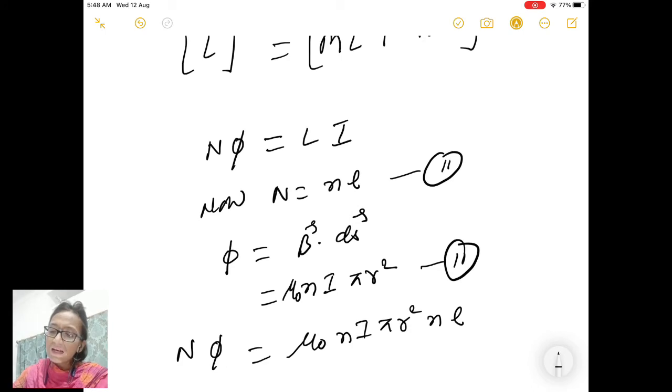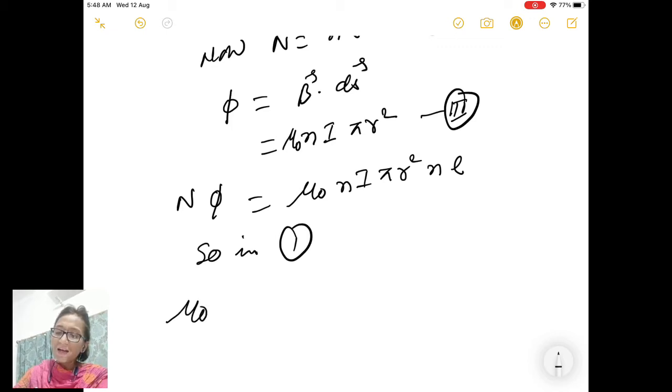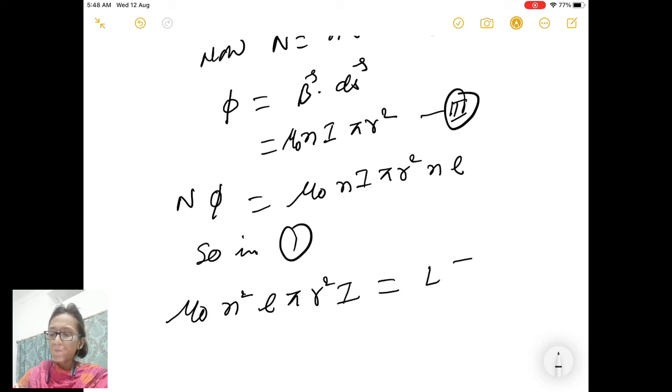Let me call this equation 2 and this equation 3, because I have already used equation 1. So in 1 you will find that μ₀n²l πr² I is equal to LI.